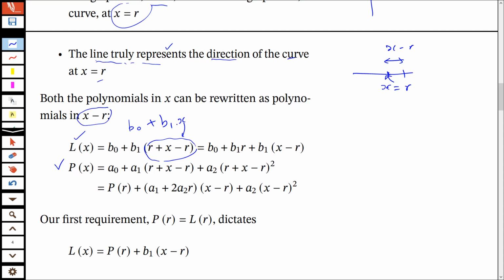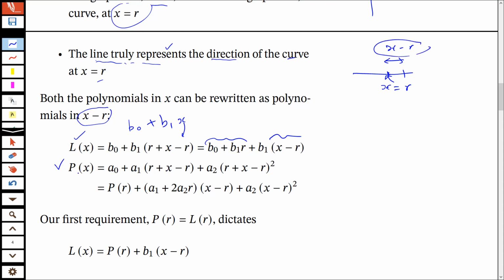Add r, subtract r, you still have that x. The advantage I have is that I can write this in terms of x minus r, you see. So b naught plus b1r is separated as a constant, and b1 now multiplies that difference, the deviation from r.